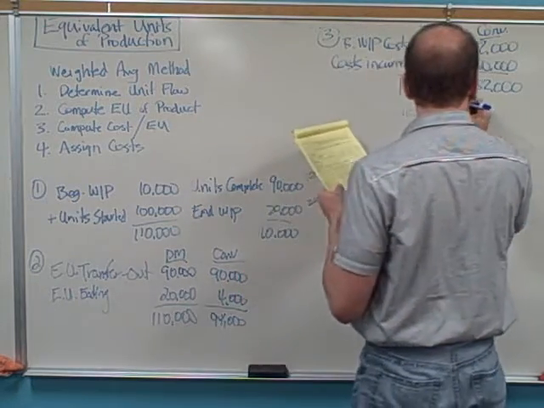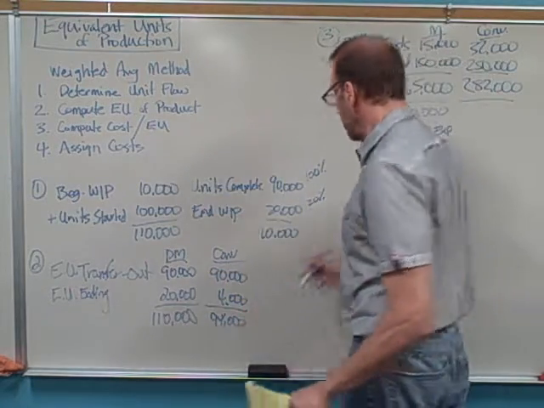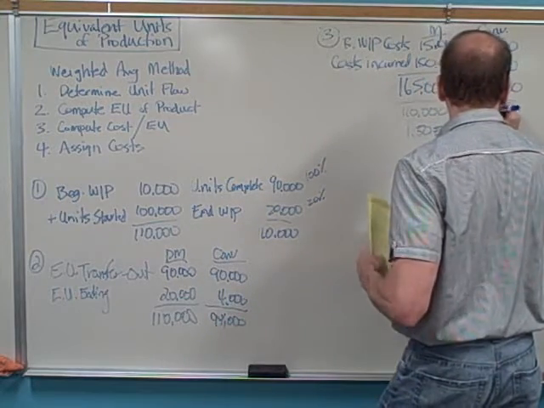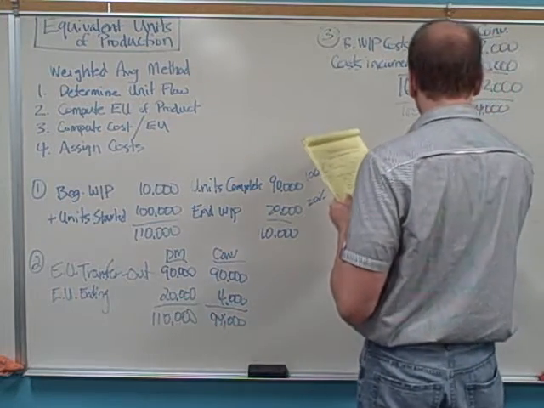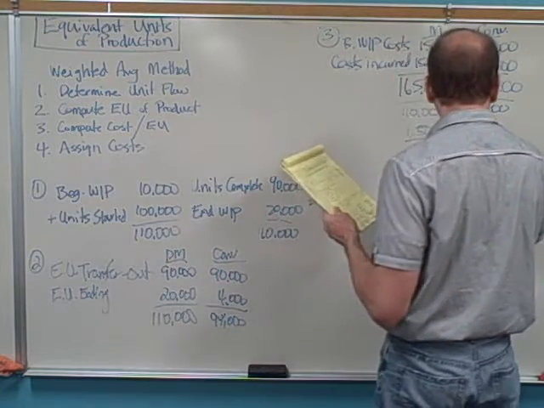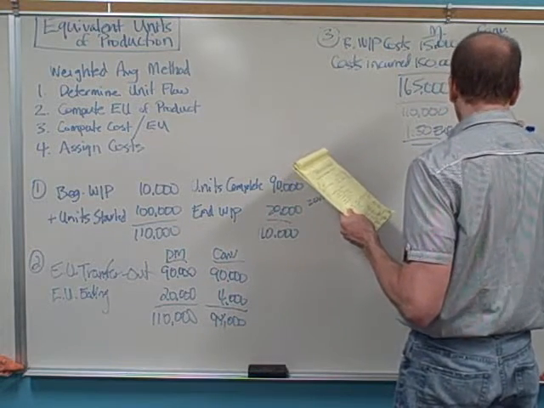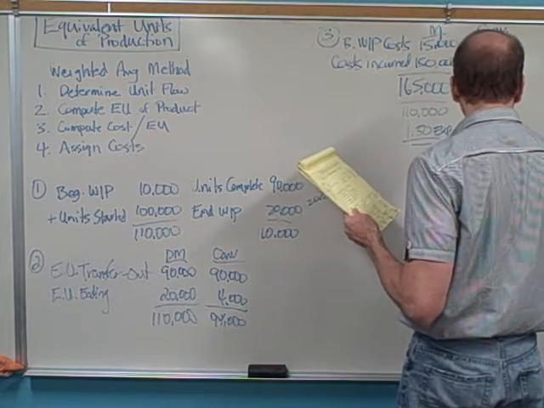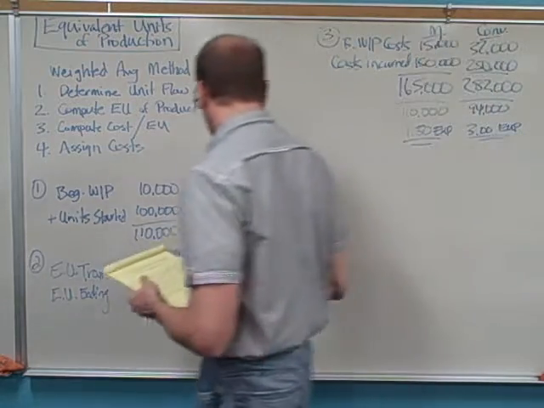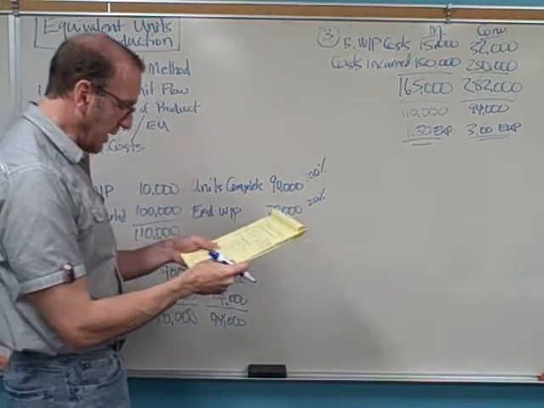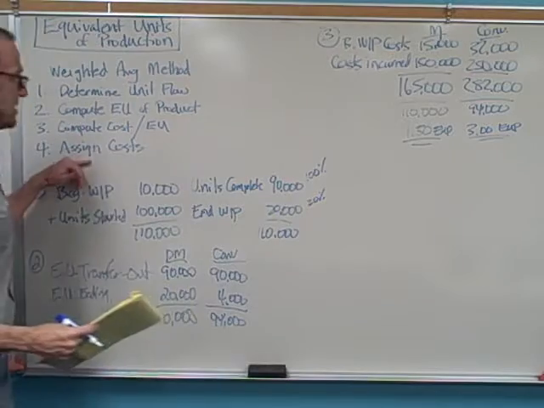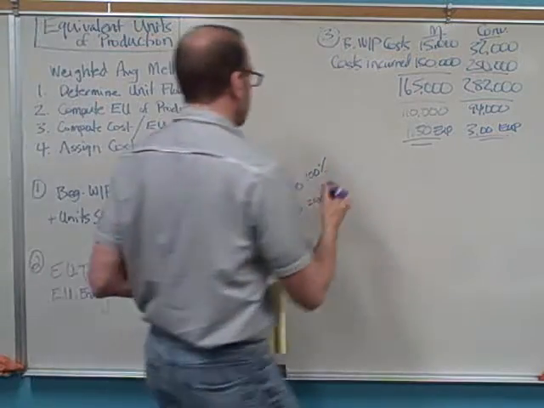And then the 282,000 divided by the 94,000 gets us a rate of $3 per equivalent unit. Okay, so there are our rates. Now what we need to do is assign the cost. That's step 4.